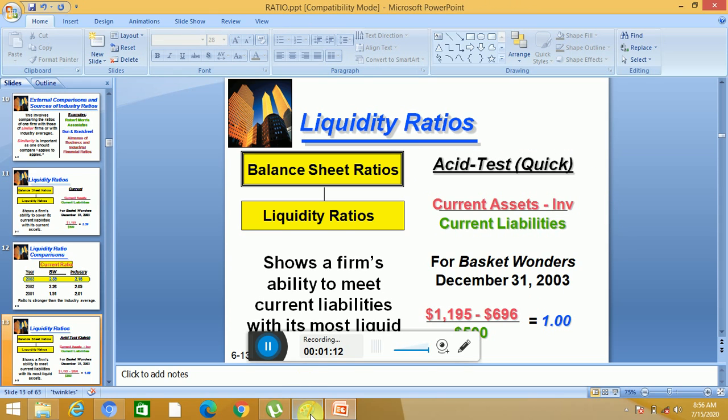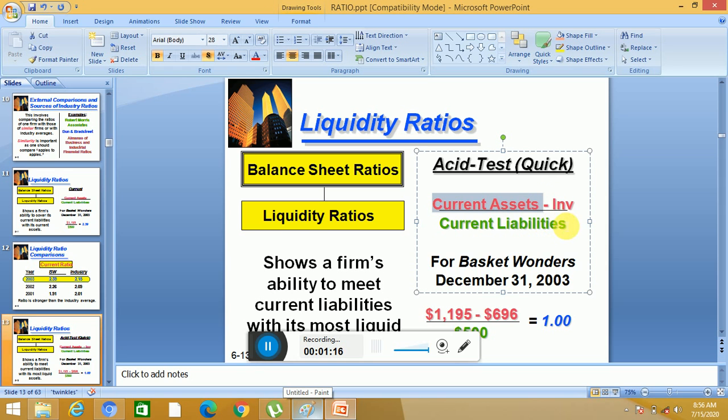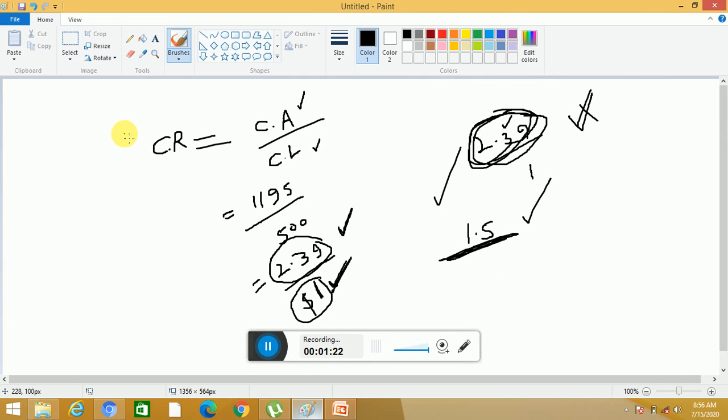Now in the previous class, we didn't discuss current assets that much. In current assets a lot of things are coming. The first one is cash. We already studied these things. Then there is account receivable, note receivable.